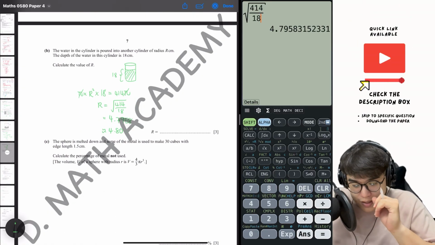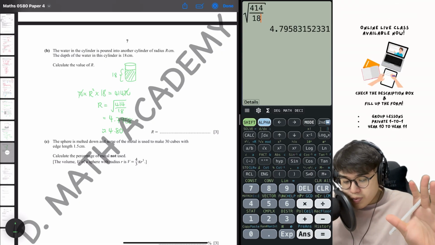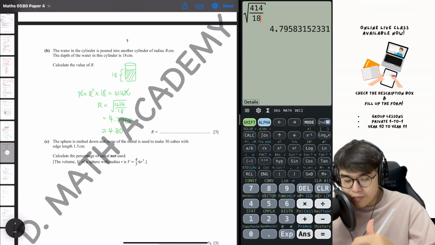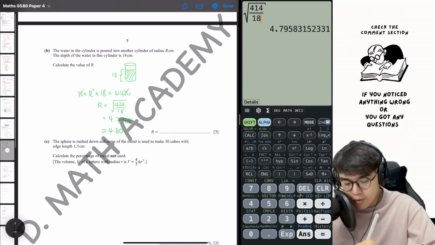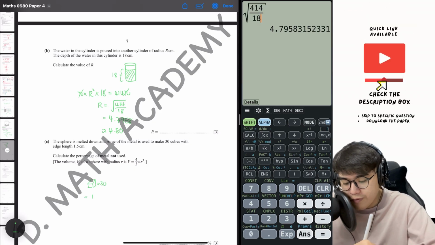Moving on, the sphere is now melted down and some of the metal is used to make 30 cubes with each length of 1.5. So I have 30 of them, which means I have 1.5 cube times 30.